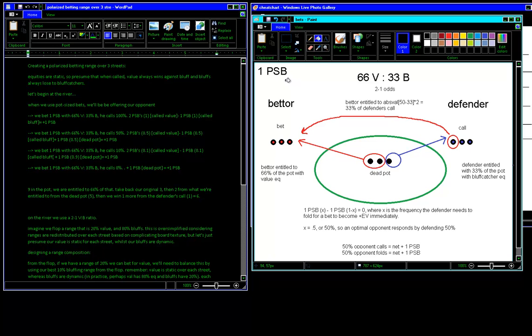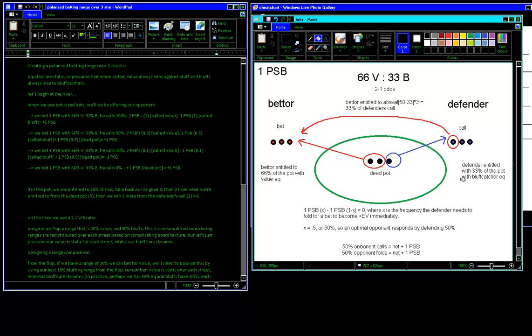To help make things very clear here, I used the dead pot being three chips, the bet size being three chips. That would be one pot size bet. And then the defender is faced with deciding whether he wants to call or not. This call, of course, would be a pot size bet, three chips.